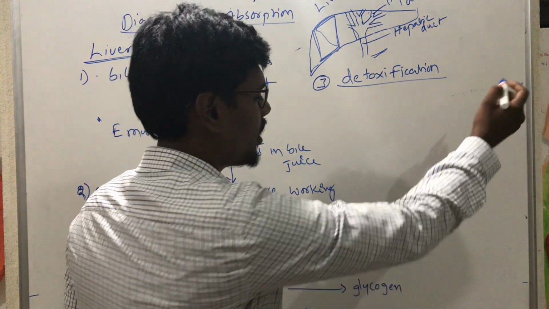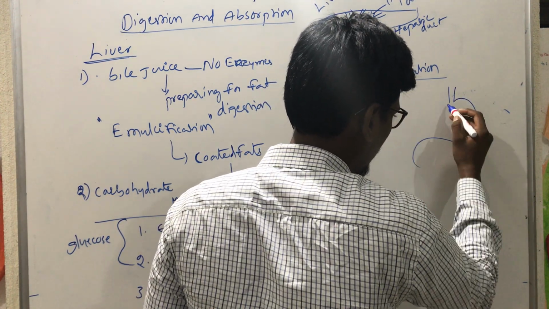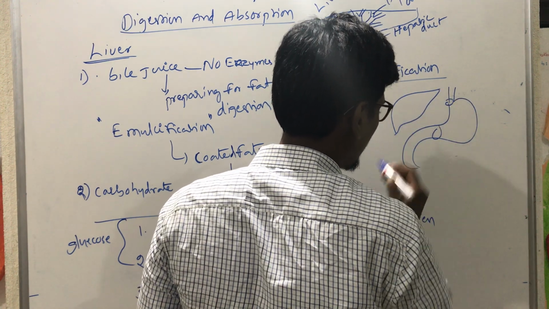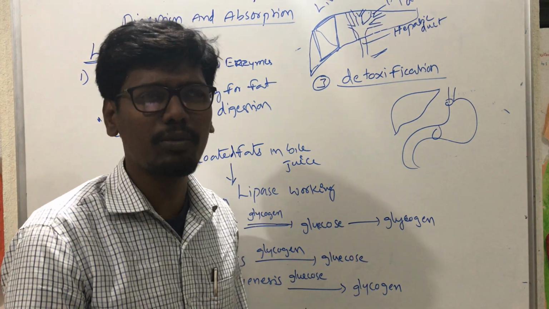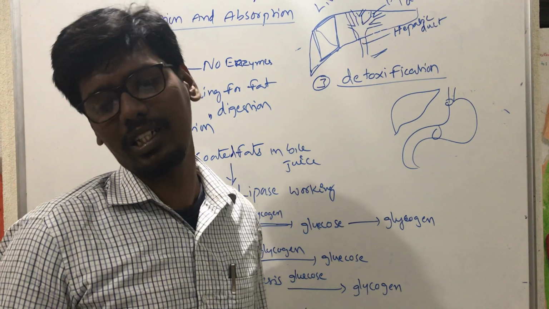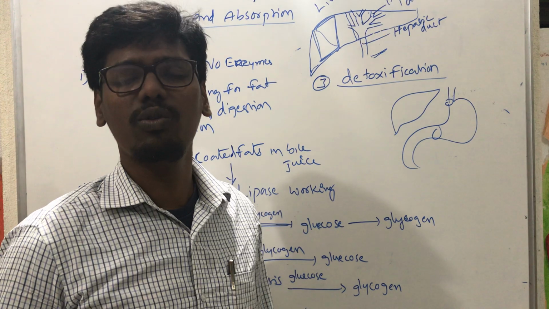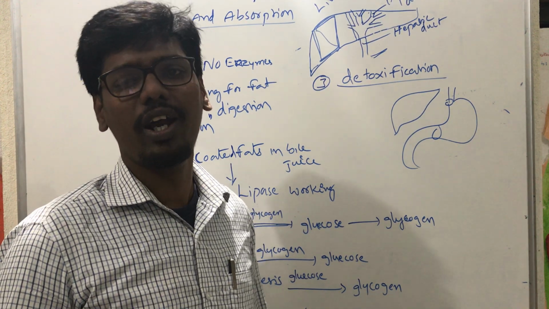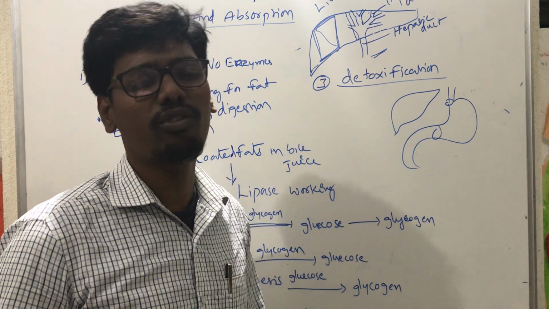Detoxification means, for example, we eat different types of food, drink alcohol, and different types of drugs are injected. All this poisonous food, poisons, and alcohol are highly toxic. They are called harmful toxins.